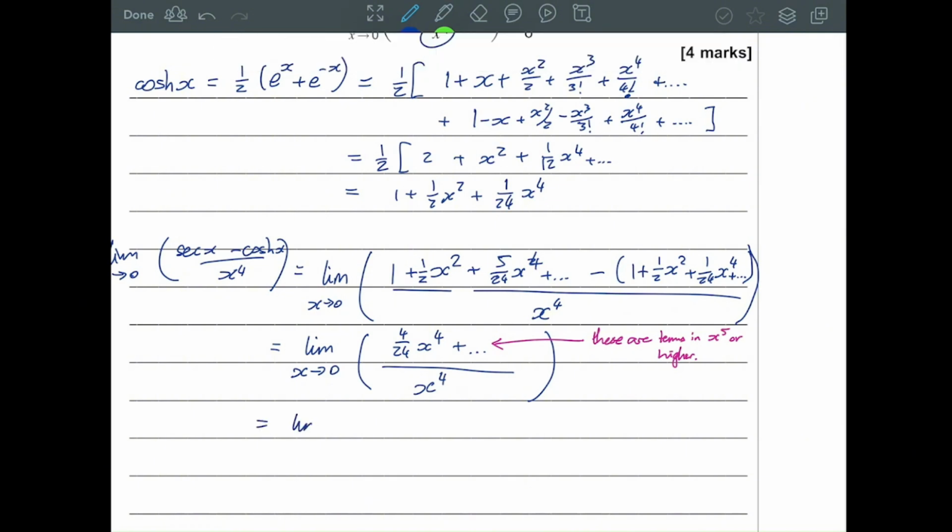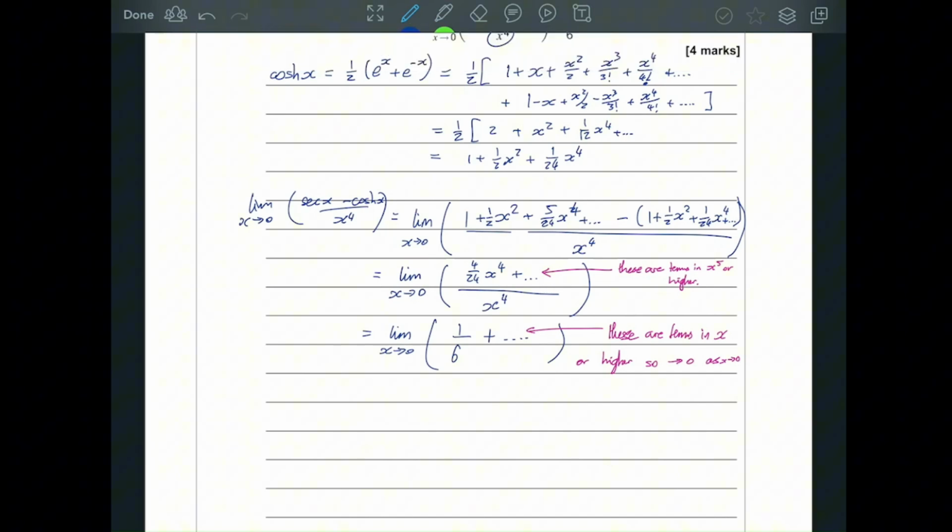So this is going to be the limit as x tends to 0 of the x to the 4's cancel. That's 1 over 6 plus, and again, I'm going to put that little comment on. So these are terms in x or higher, because I've cancelled out the x to the 4. So they tend to 0 as x tends to 0.